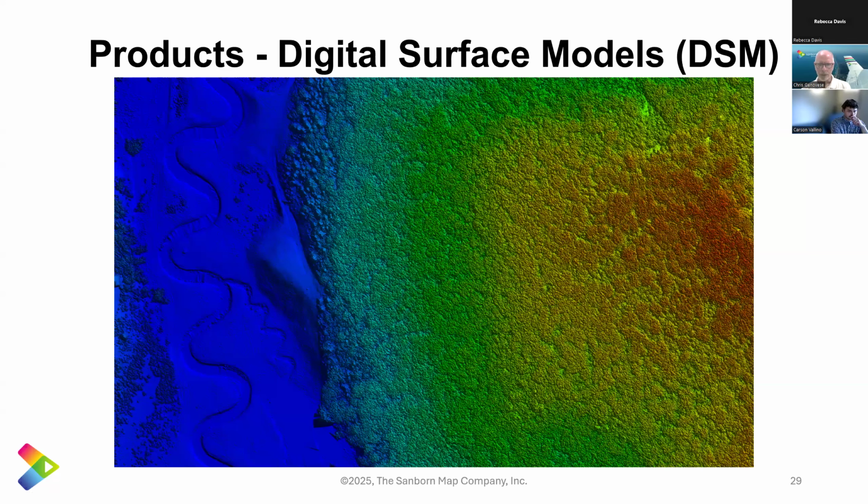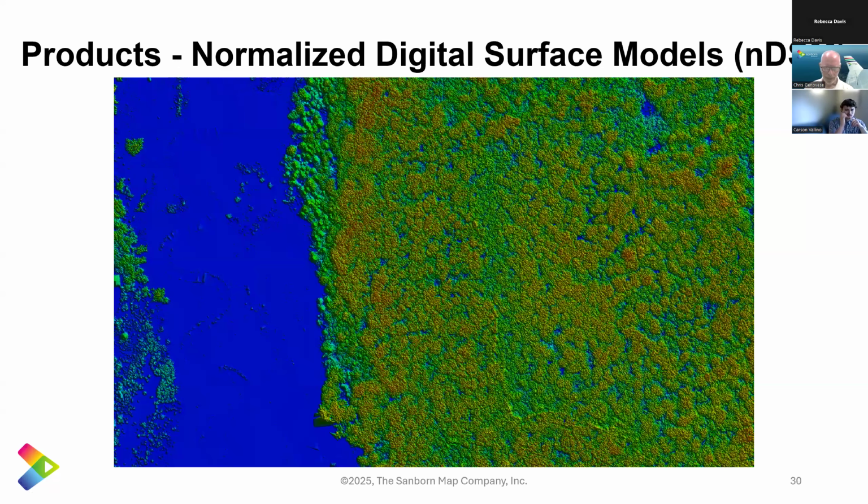So when we move on to our NDSM, in this case, what you probably notice is it looks very similar to the DSM. However, where the river was flowing, that got flattened out, so you're not really noticing that quite as much.